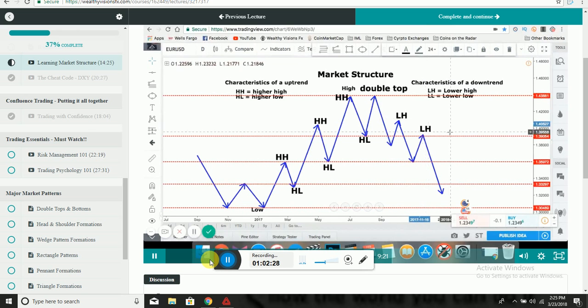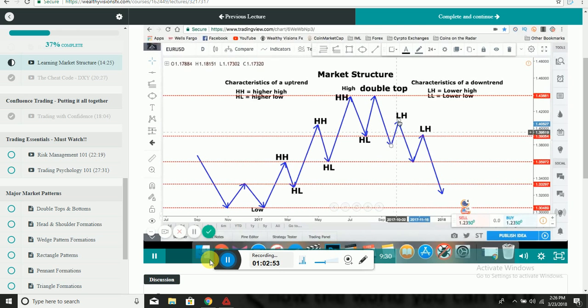So we got two lower highs. Right, so we got double top, break the structure right here. Automatically, you should start thinking, all right, maybe we can start going downtrend. So you wait for this pullback.